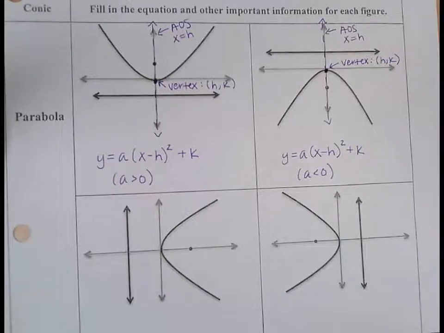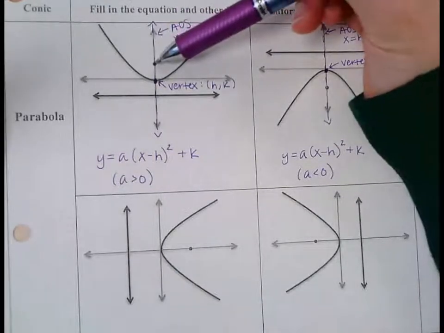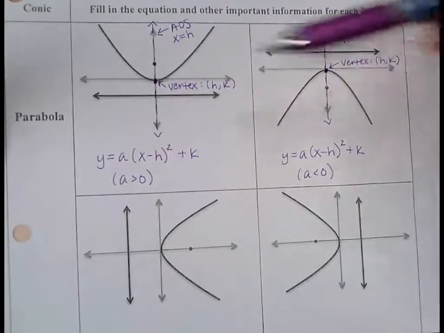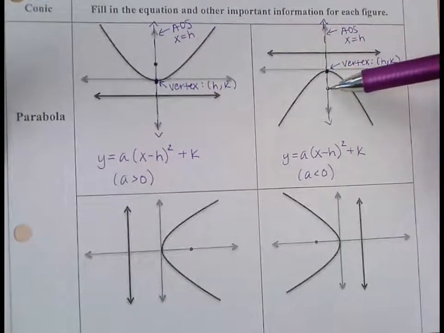Okay, and then we'll fill in the two characteristics we did not talk about in Chapter 4, the focus and the directrix. So the point that is already there for you, that's inside the parabola on both graphs, that is the focus.